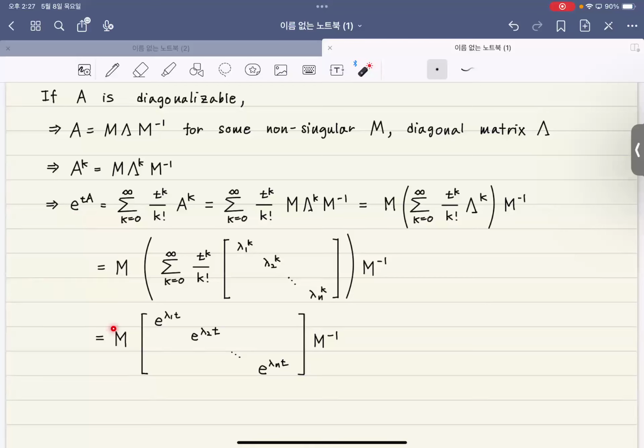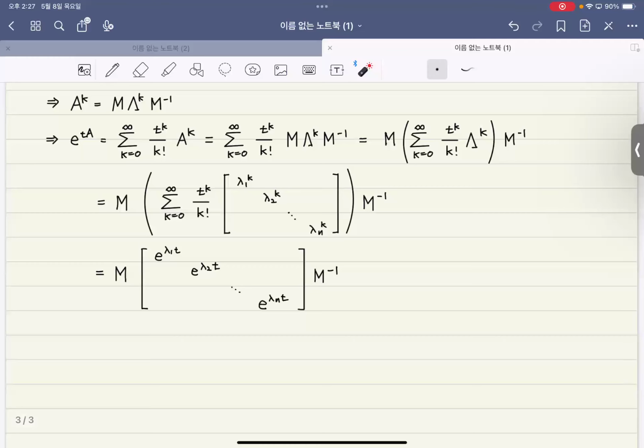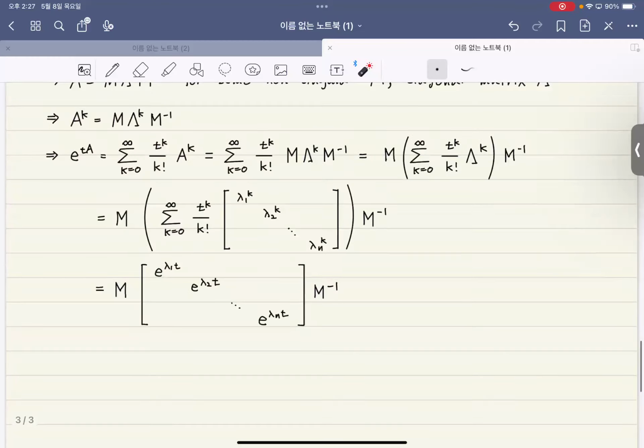So this is the matrix of the eigenbasis of A, and the matrix with the inverse of that guy, and the matrix in the middle is nothing but the exponential of each of the eigenvalues of matrix A. All right. So this is the matrix exponential.